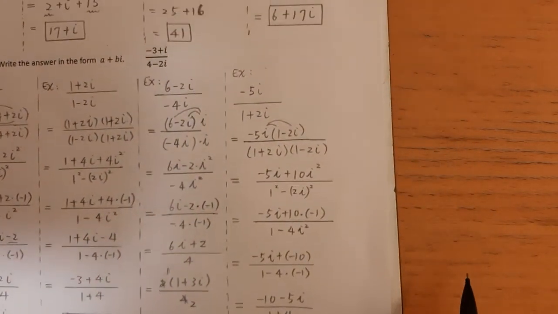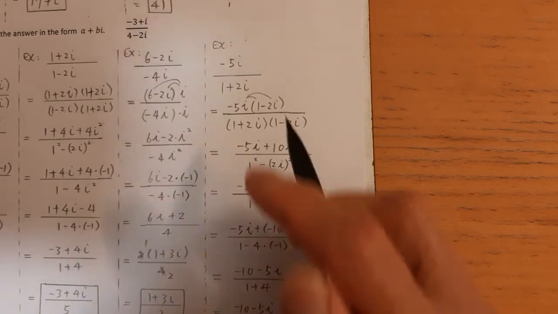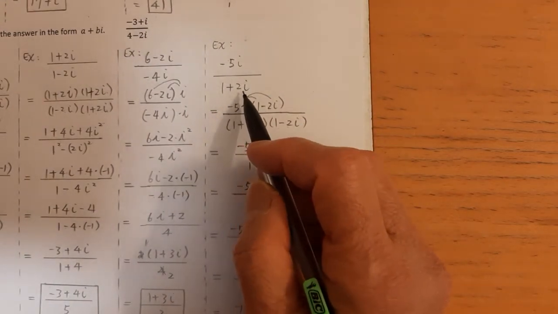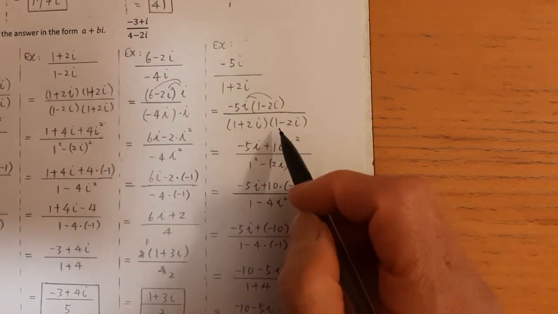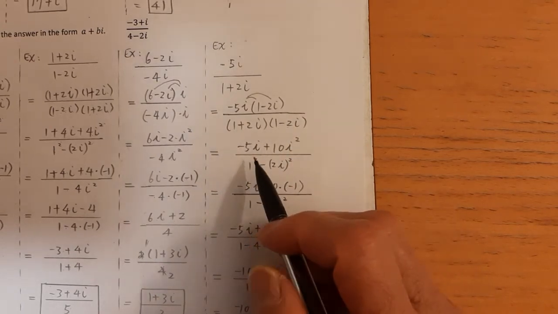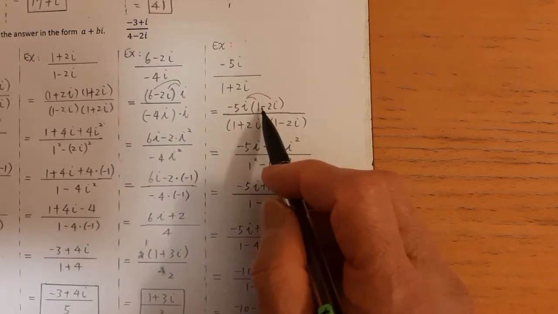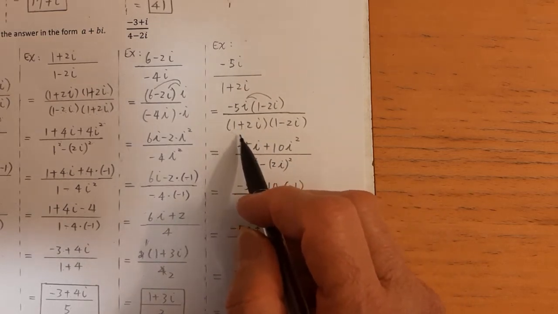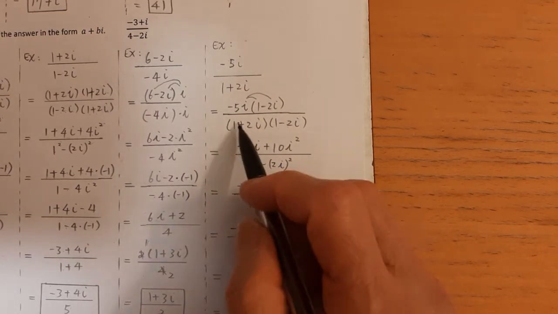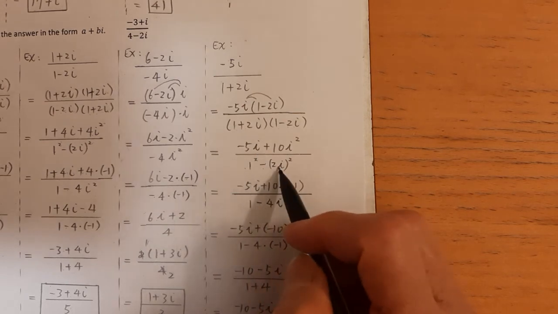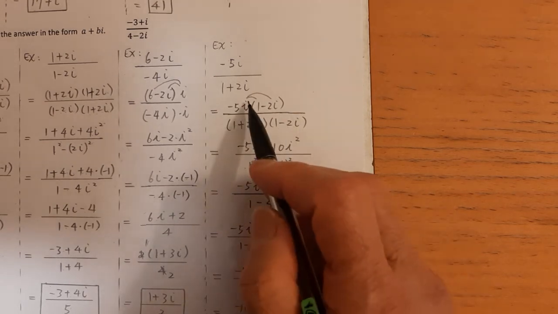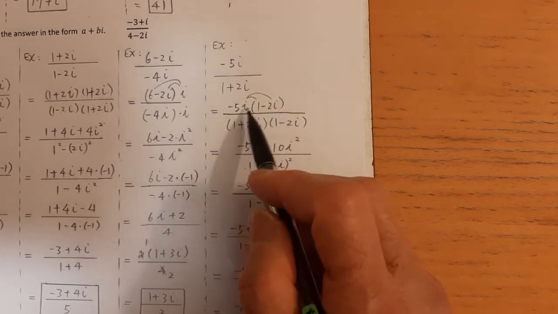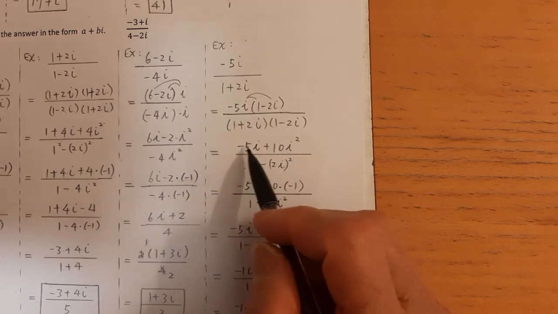Next example: negative 5i over 1 plus 2i. Multiply by the conjugate, 1 minus 2i, and the numerator also gets multiplied by 1 minus 2i. For the denominator, use the difference of squares formula: 1 squared minus 2i quantity squared. For the numerator, distribute. Negative 5i times 1 is negative 5i.